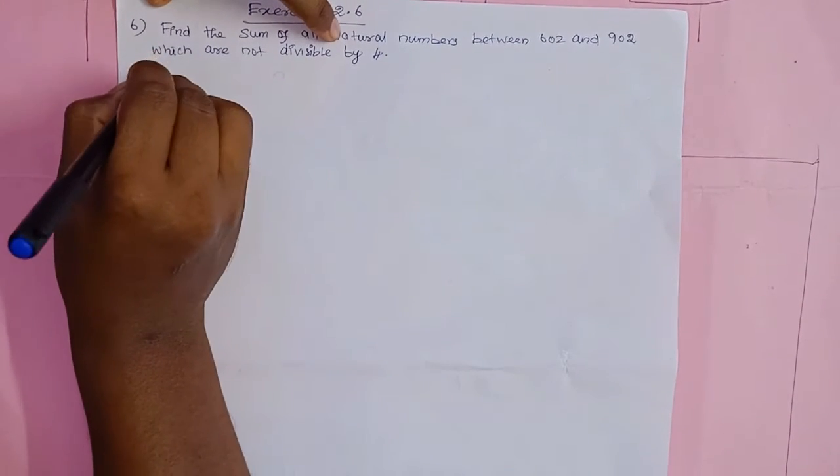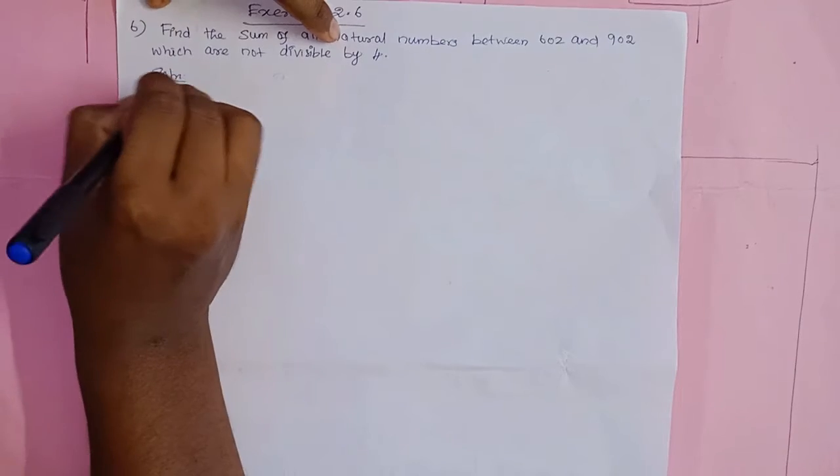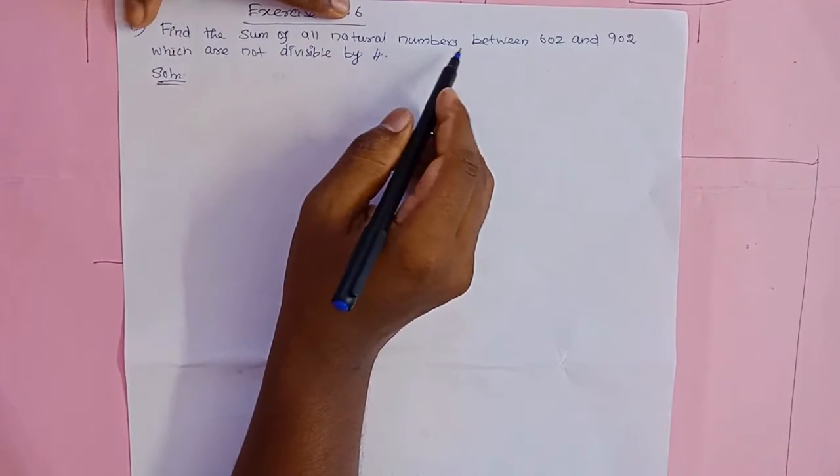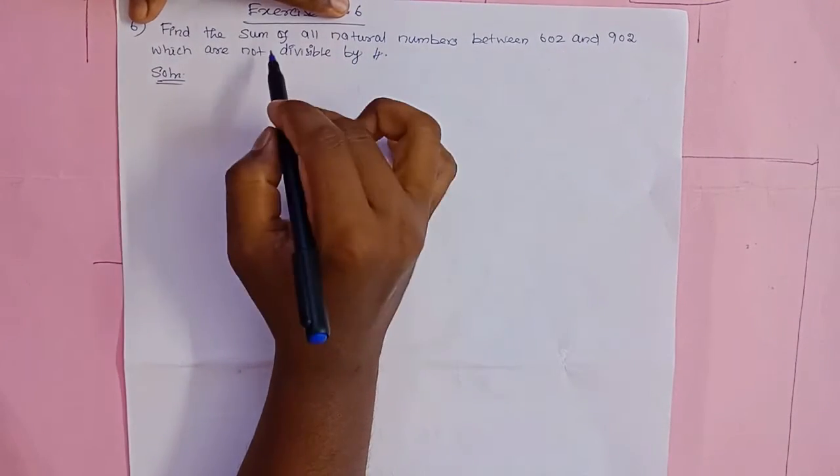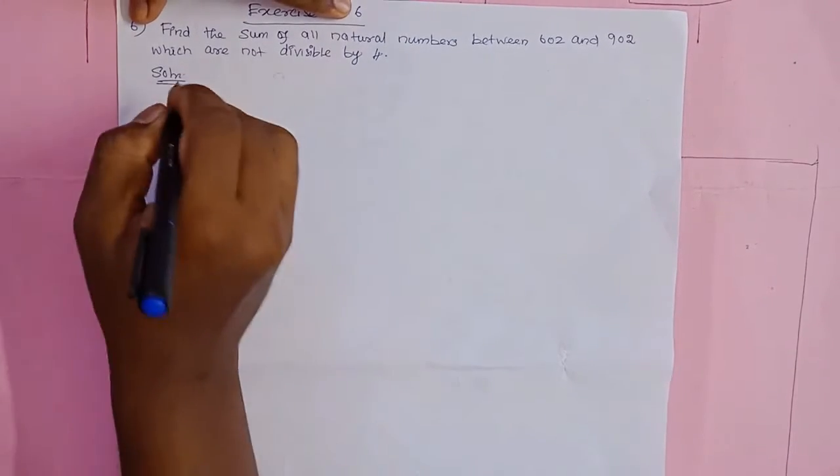So to find this sum, we are going to follow the following things. Listen. Solution. Our problem is the sum of all natural numbers between 602 and 902 which are not divisible by 4. Let us write this.